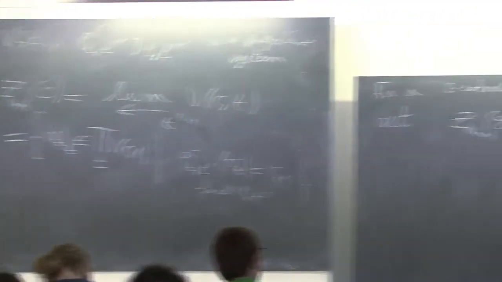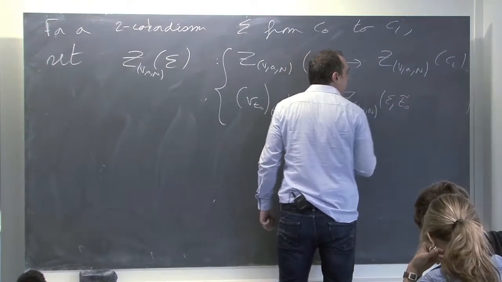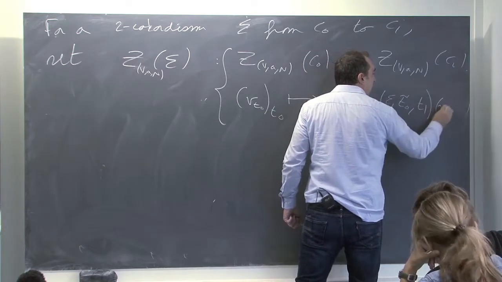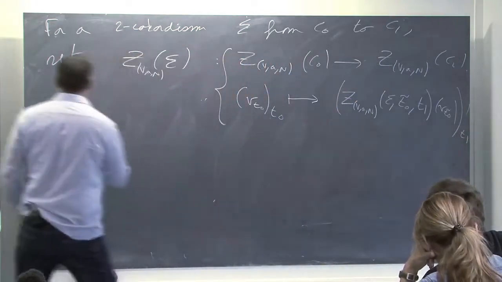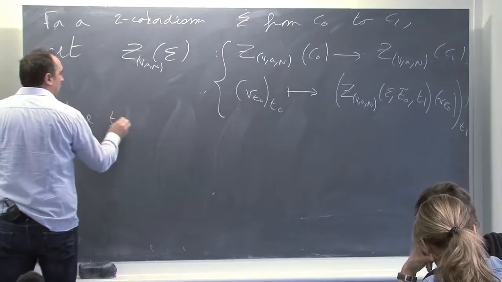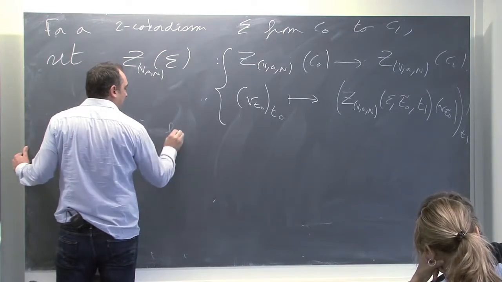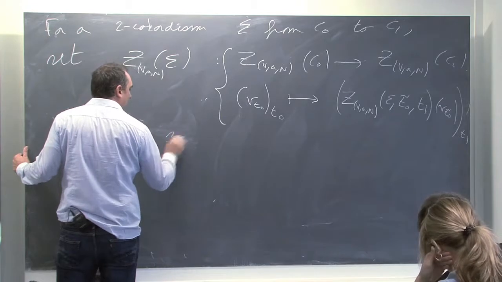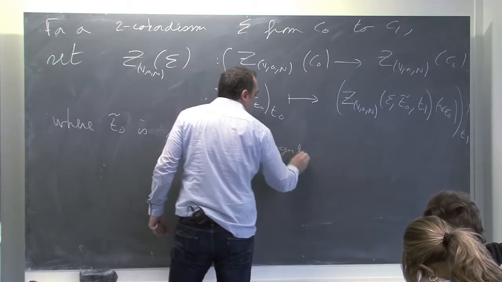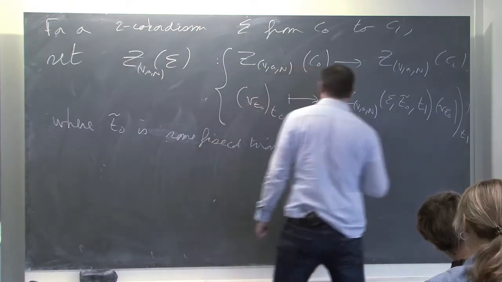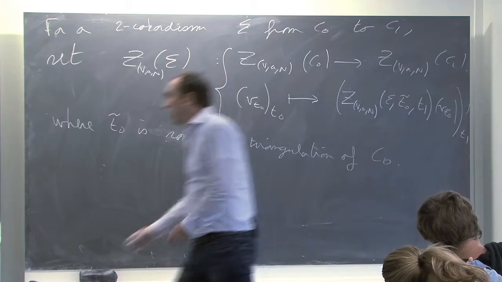I can consider the V of Sigma from T0 tilde to T1 of V_{T0 tilde}, where T0 tilde is some fixed triangulation of C0.